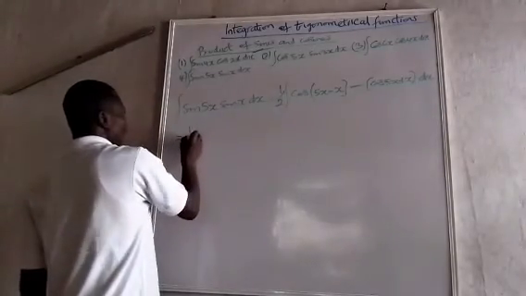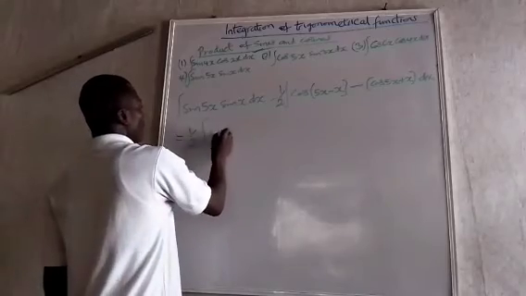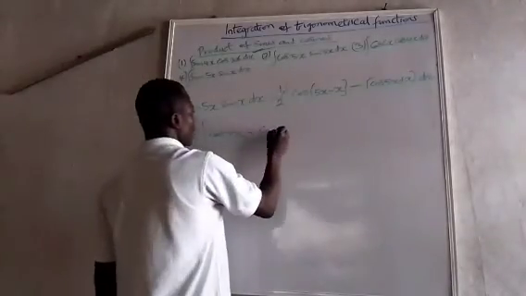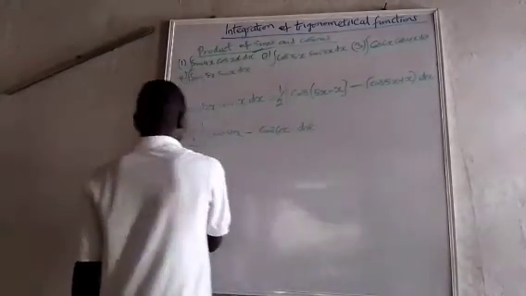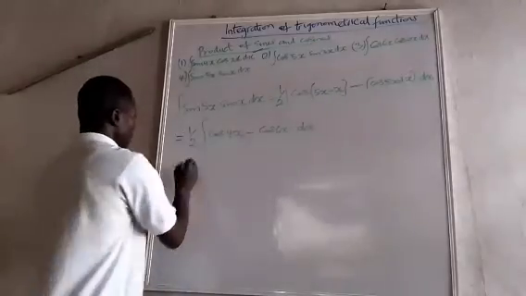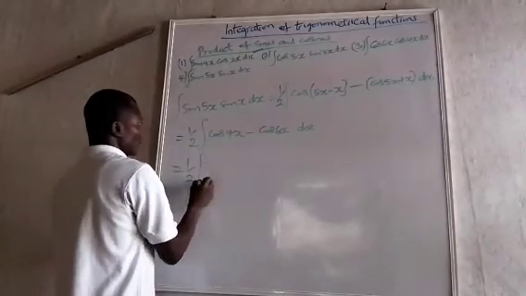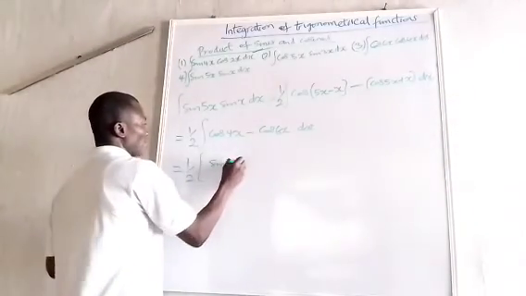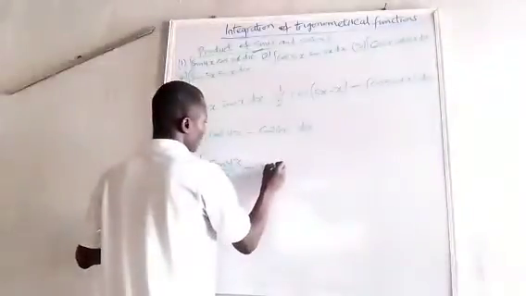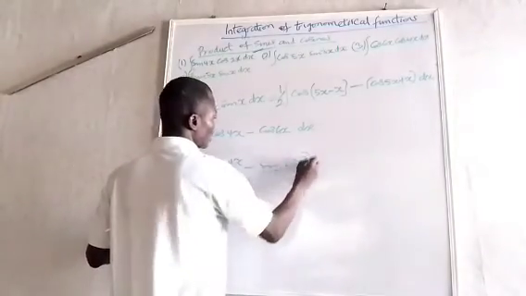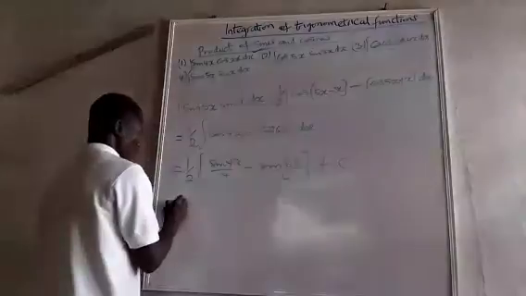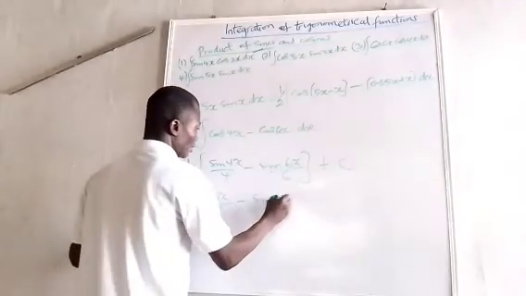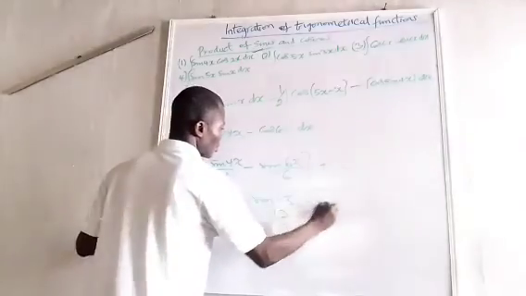So it's going to be half of cos 4x minus cos 6x dx. What do you have now? Half. When we integrate this one, it's going to be sine. So we are going to have sine 4x over 4 minus sine 6x over 6, which is sine 4x over 8 minus sine 6x over 12.